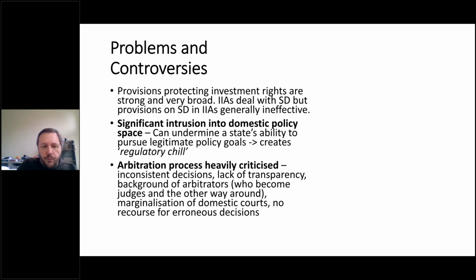And when you want to read more about these types of cases, you will see that there's often mention that it creates a lot of regulatory chill, in the sense that it might prohibit the further development of regulation.